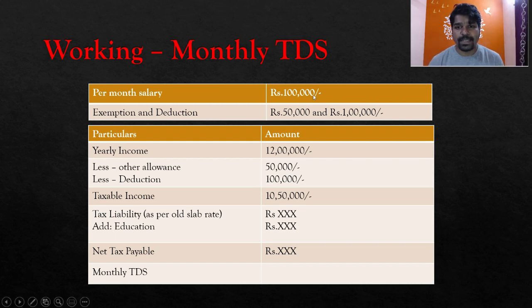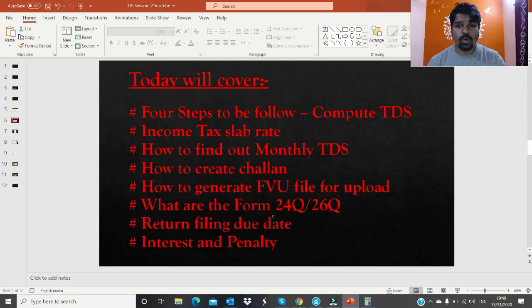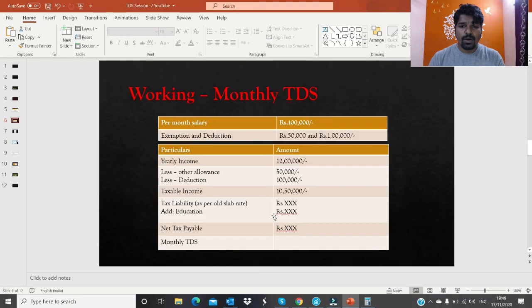For example, my monthly salary is 1 lakh, and there is an exemption and deduction of 50,000 plus 1 lakh. So a total of 1 lakh 50,000 is the deduction part, and my net taxable salary is 10 lakh 50,000. Say suppose I am taking the old slab rate only.